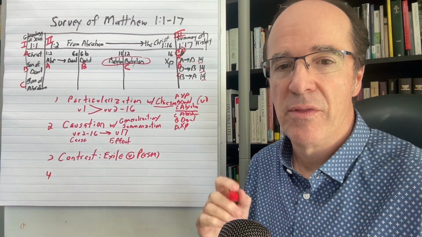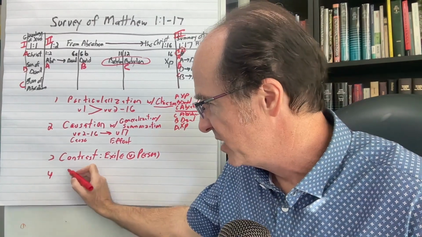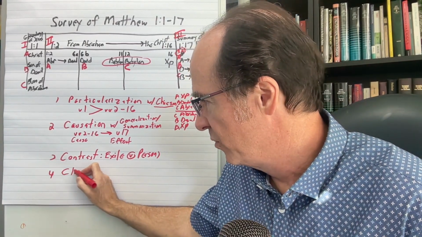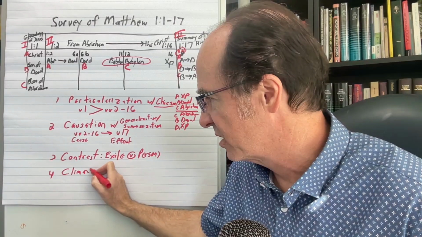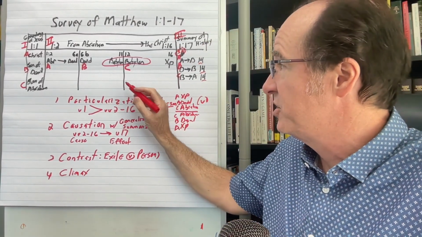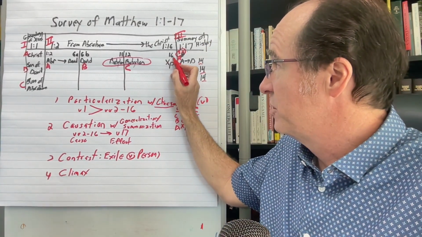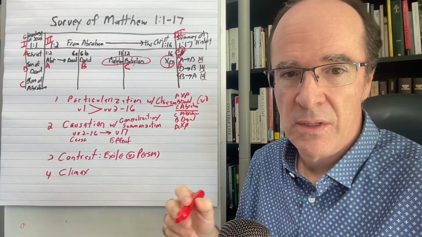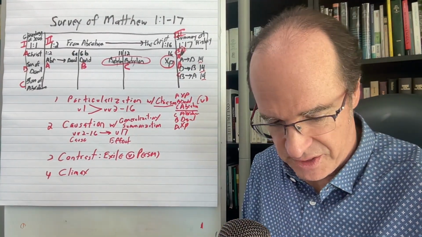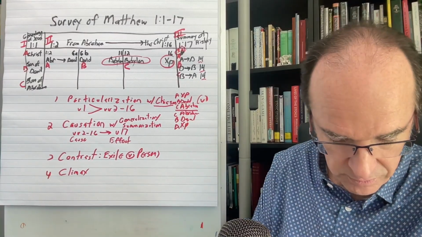There's a second contrast, but I'm going to mention the second contrast in combination with what I think you have to mark as the climax of the genealogy itself, which is the birth of Jesus. The birth of Jesus gets the most space here.